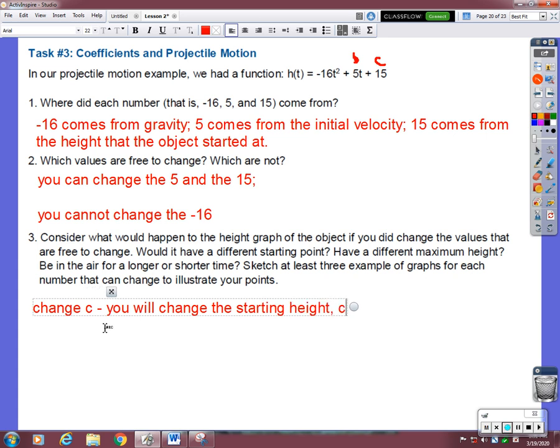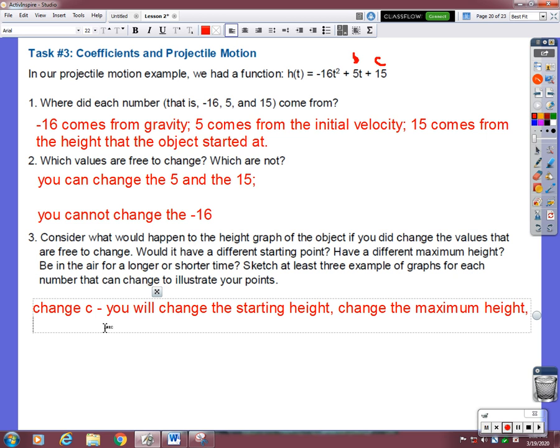You would also change the maximum height, because if you start from a higher point, the ball's going to go higher. If you start higher in the air, that is if you leave the other things around the same.